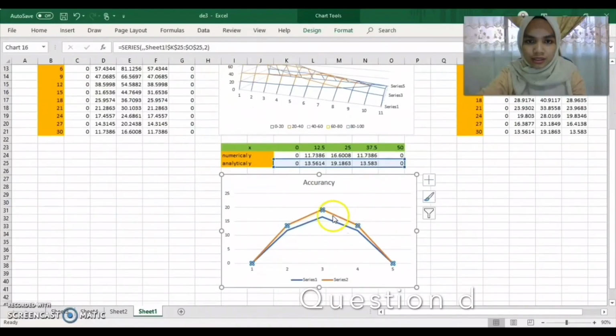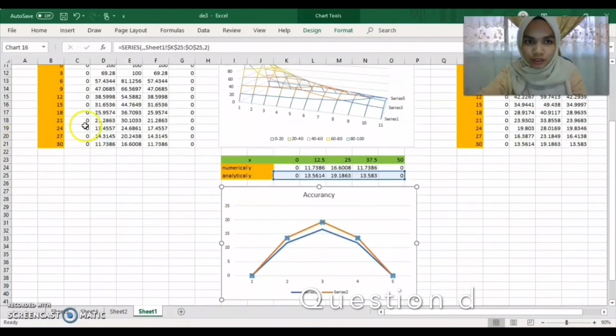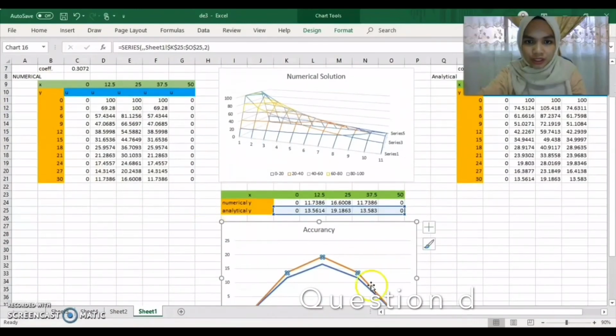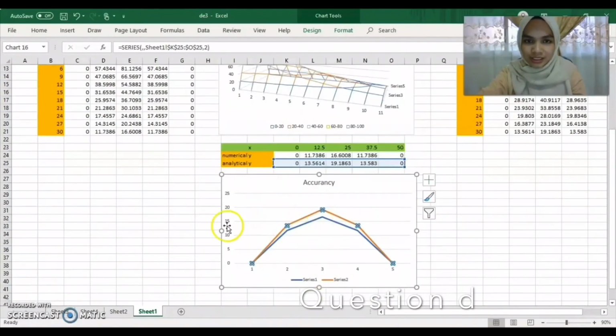We can see this by clicking this. Analytical is more accurate than numerical, but when we reduce the step size for numerical, we can see how this graph will be.